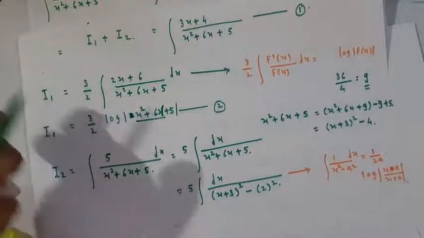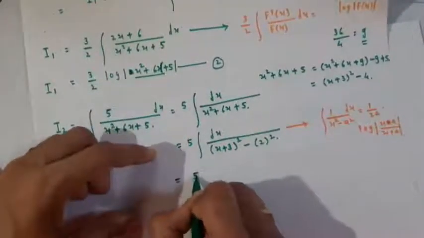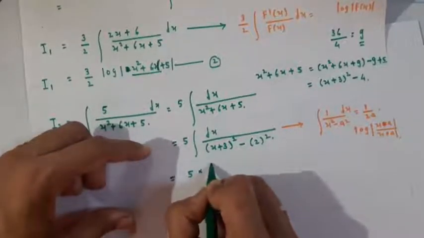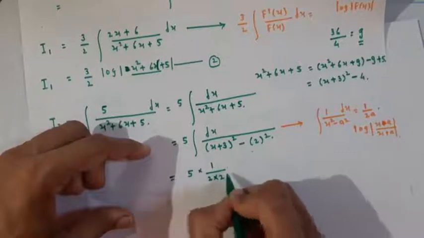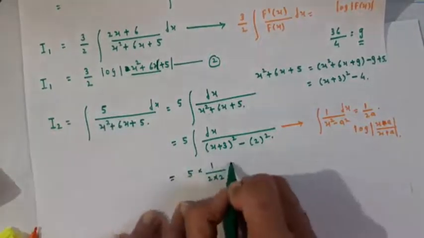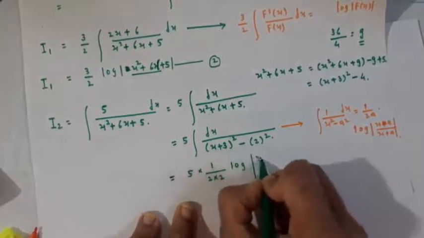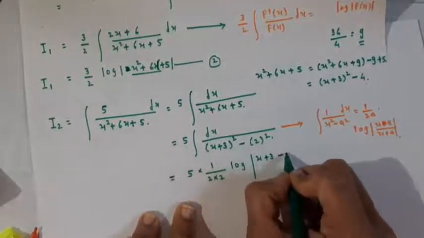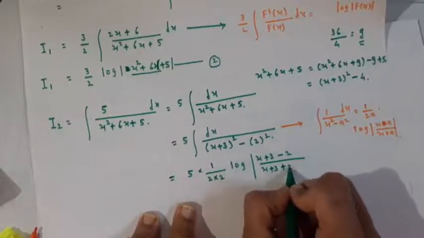And the 5 as it is, 1 upon 2a, where a is 2, so 1 upon 2 into 2, log of (x minus a), where x is x plus 3, minus 2 upon x plus 3 plus 2.